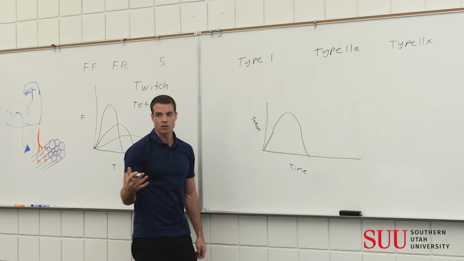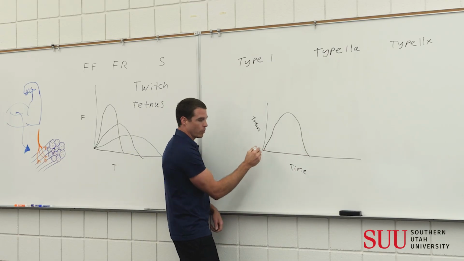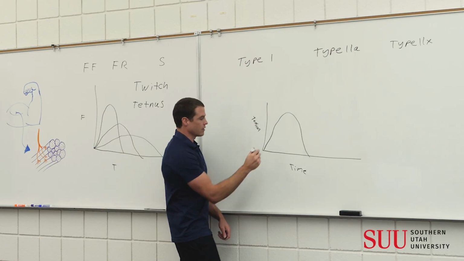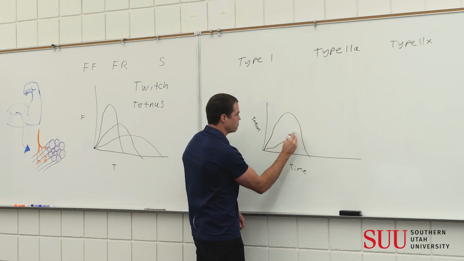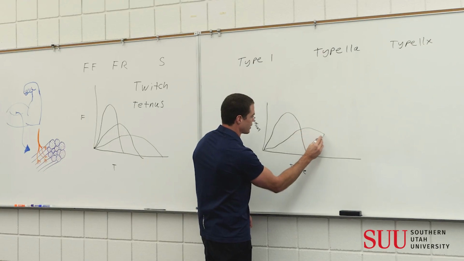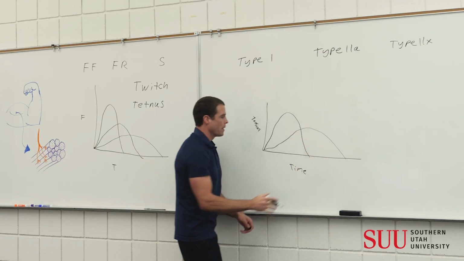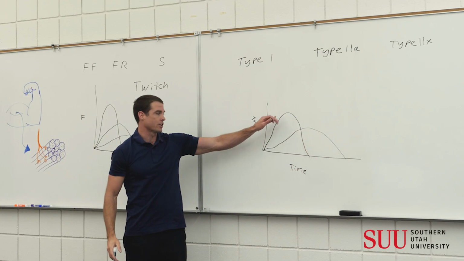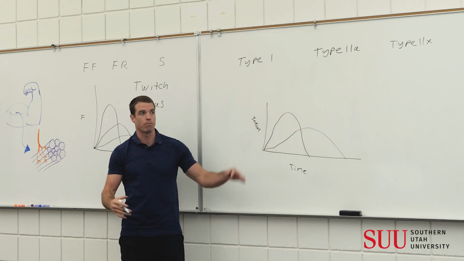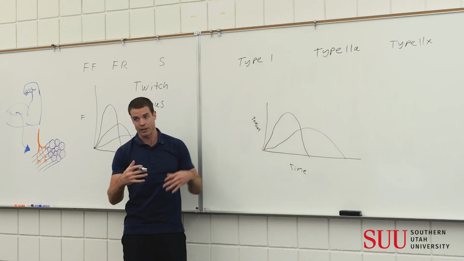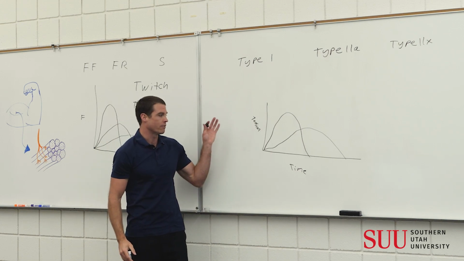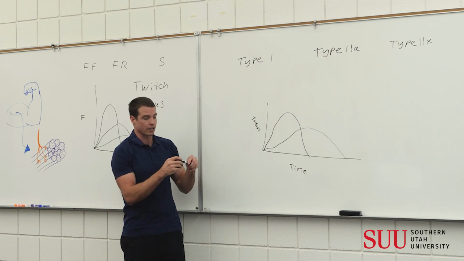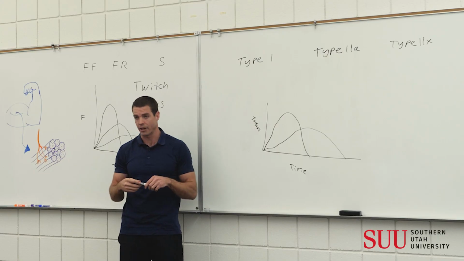And then we can do our slow twitch muscle fibers, and you can predict what that's going to look like. It's going to come up, maybe won't go as high, and it's going to come back down, all right? Again, the fast fibers relax faster because you have parvalbumin, for example. It can grab onto calcium quicker. You have more of the SERCA pumps. It's just a higher density of all these pumps to make these move faster.